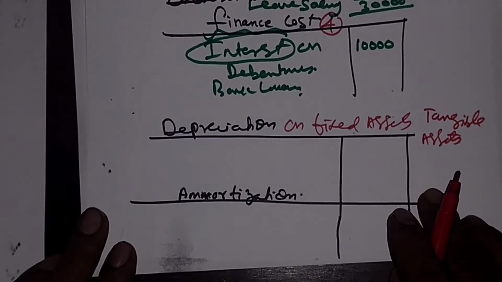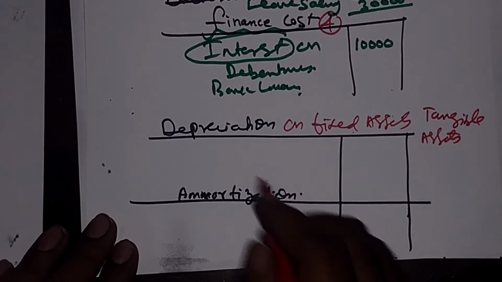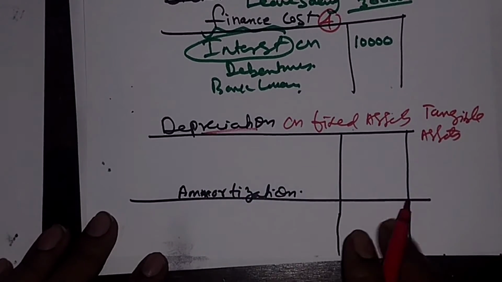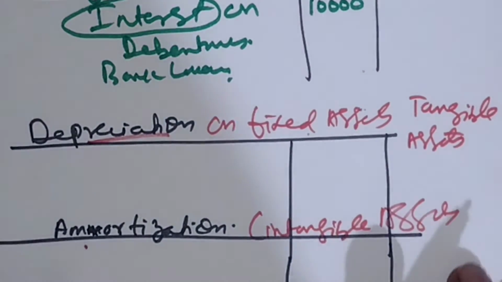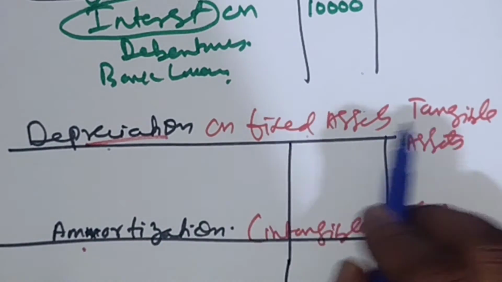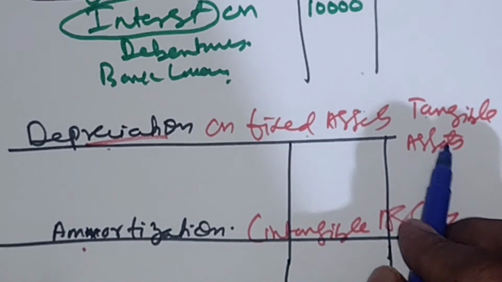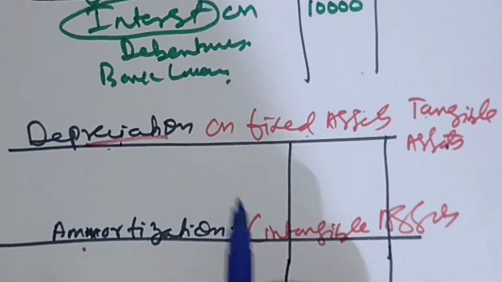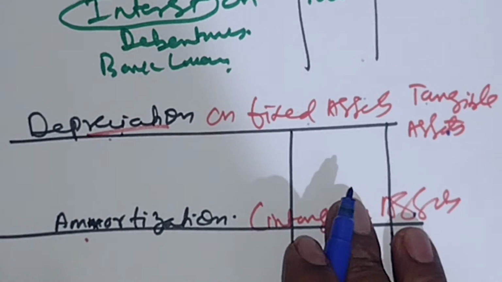When the asset value is reduced on tangible assets, we call it depreciation. Let me repeat once again. When the asset value decreases on tangible assets, we call it depreciation, and when the asset value decreases on intangible assets, we call it amortization.